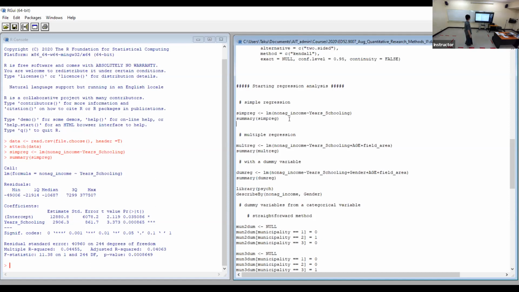How about the intercept? Remember, the intercept is the coefficient B0. That is presented here, just above years of schooling. So this means B0 is 12,880.